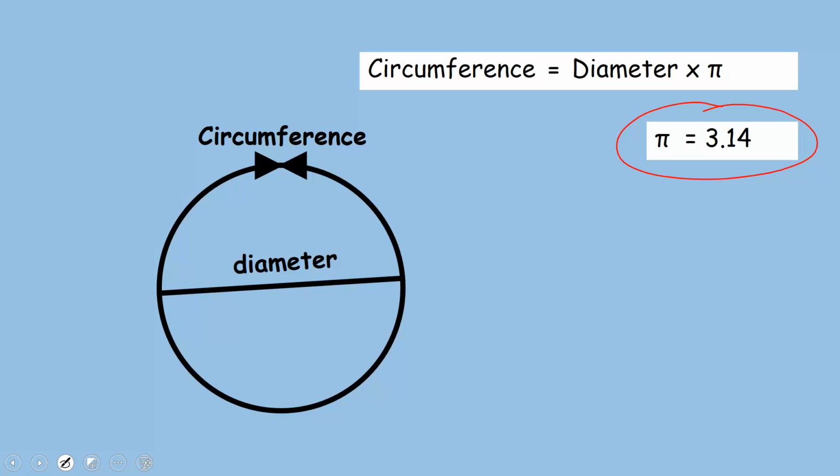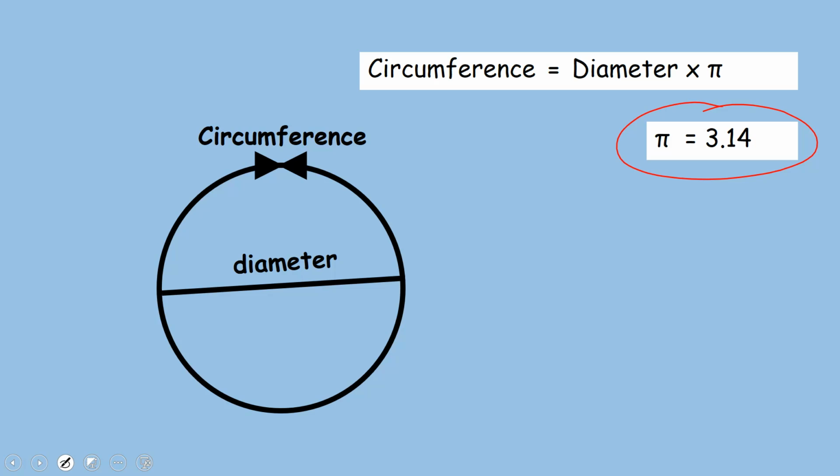Okay, we've got a diagram there showing the diameter is a line going straight across from one edge to the other, going through the center of the circle. Our circumference is the distance right around the circle. Another thing we're going to need to know today is about something called the radius. So the radius is half of a diameter.